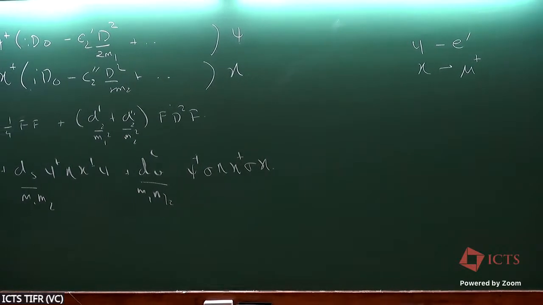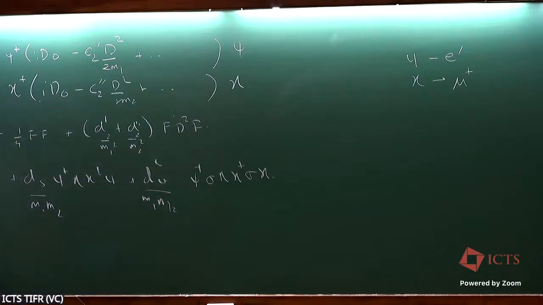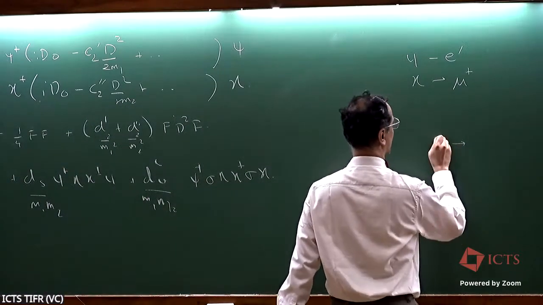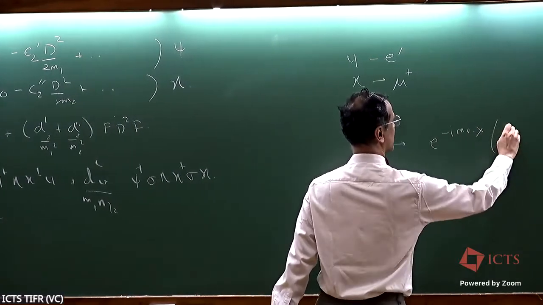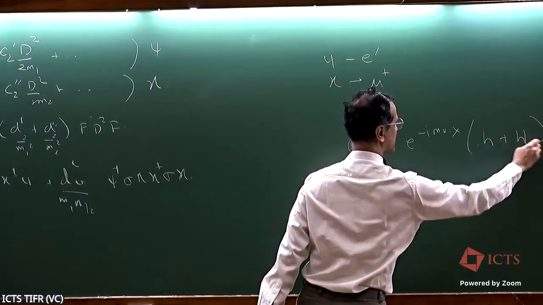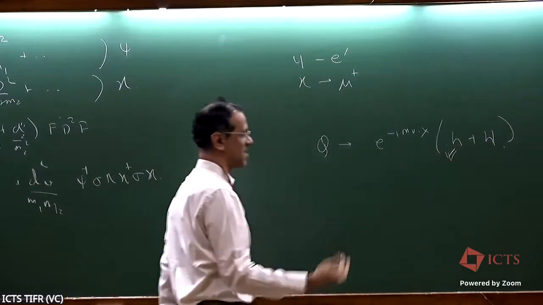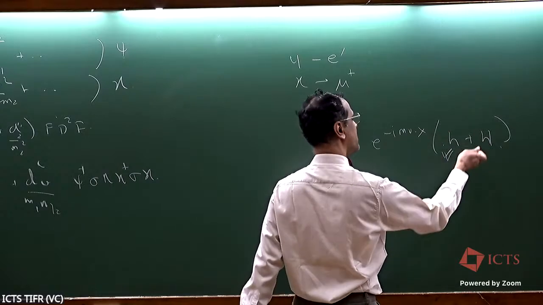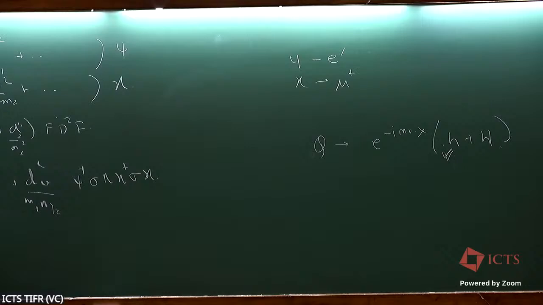And this reduction that we see here is something you saw in HQET, exactly replacing the heavy quark field with e to the power of minus i m v dot x, times h plus capital H. This is the large piece, a particle with velocity v, and this is the small piece that you integrated out to get these higher dimensional terms.